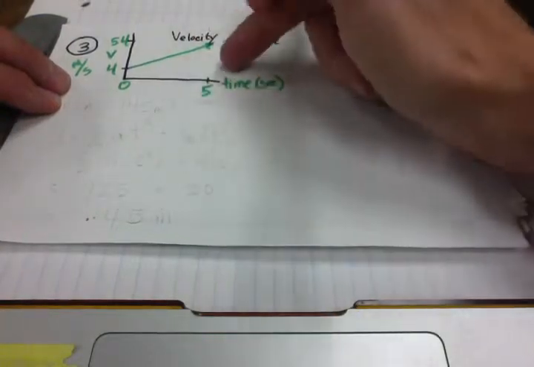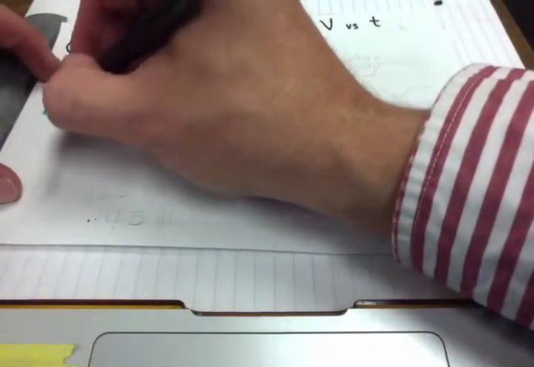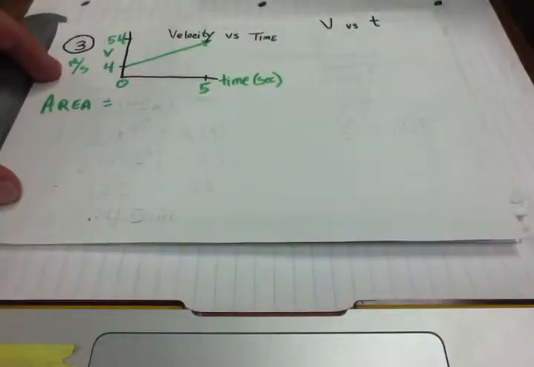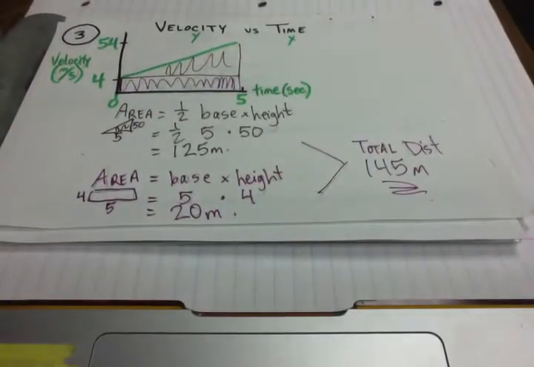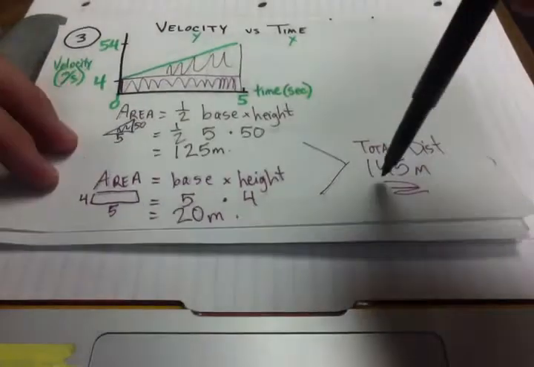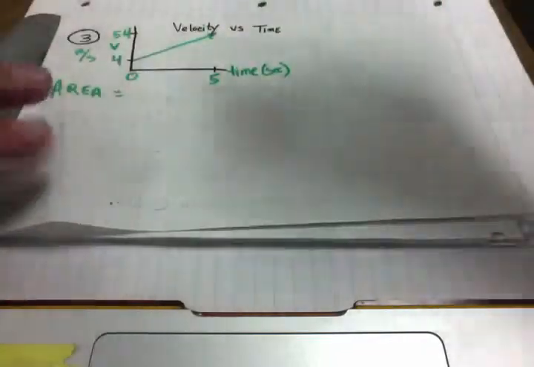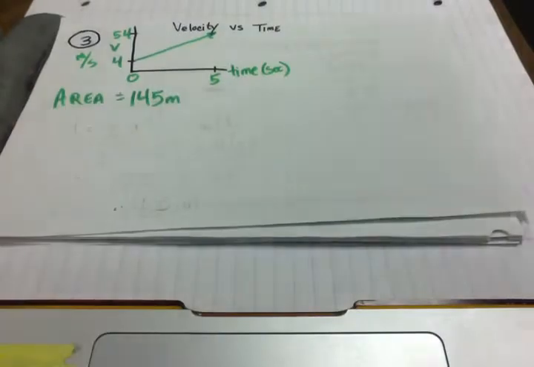So same graph, and we just found that area. If you remember, what did we get here? I think we got an area of, what did we say, 145 there. Okay, so that area piece was 145 meters.